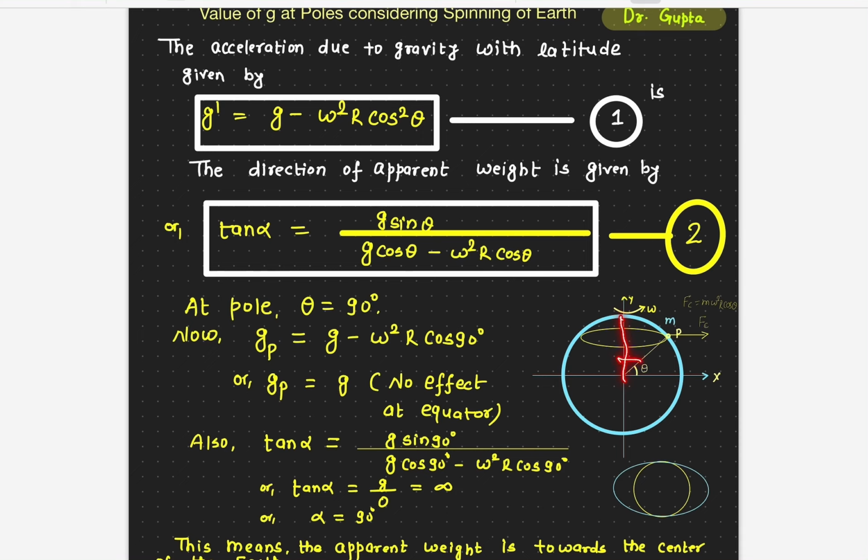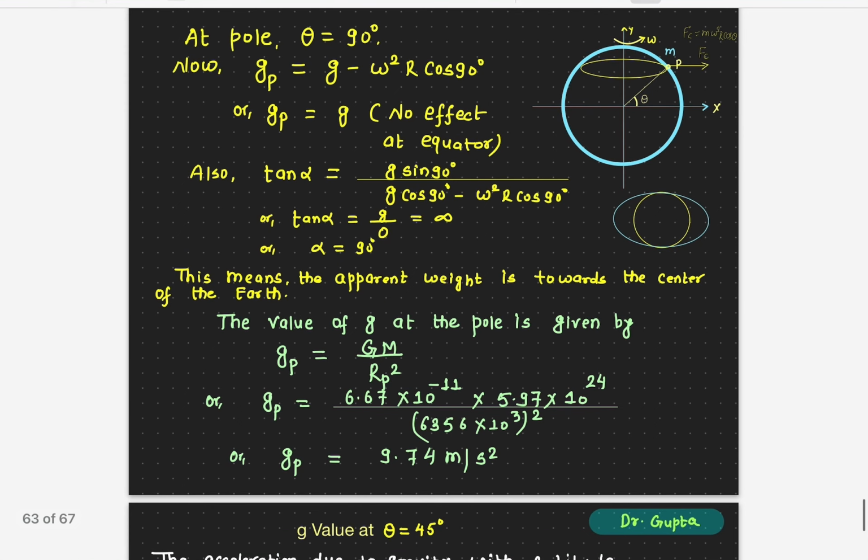This makes perfect sense: the spinning of the Earth has no effect at the pole. And the value I can simply calculate by this equation, g_p equals GM over R_p square, where R_p is the radius at the pole and M is the mass of the Earth. If you plug in, the value you will get is 9.74 meters per second square.